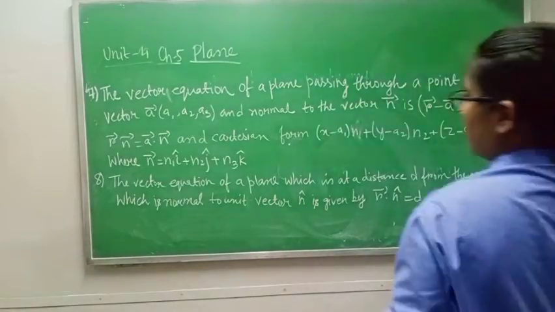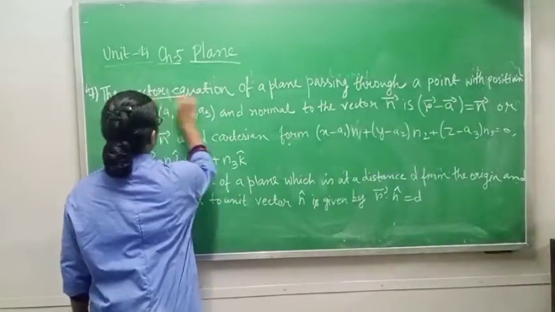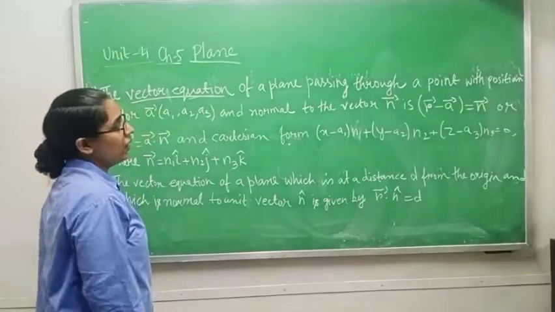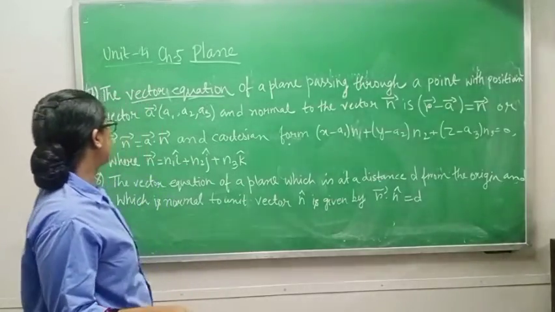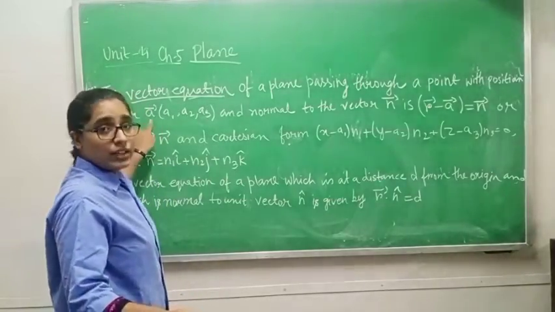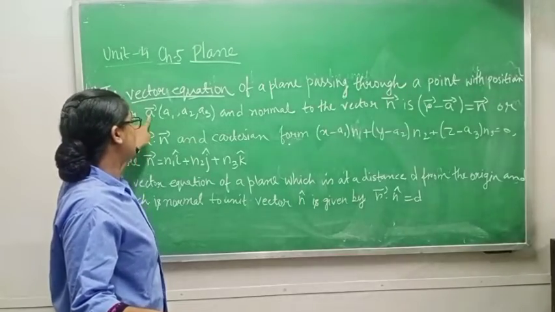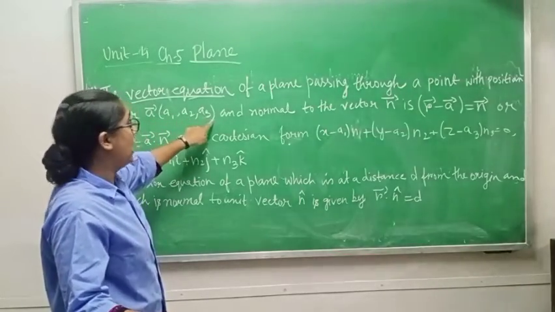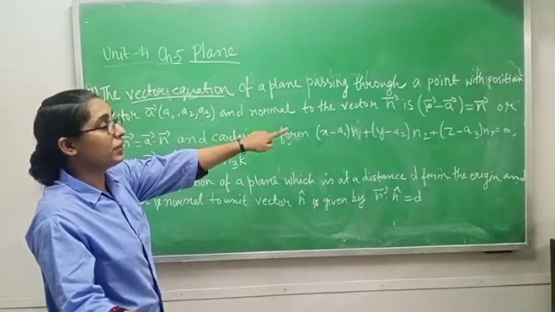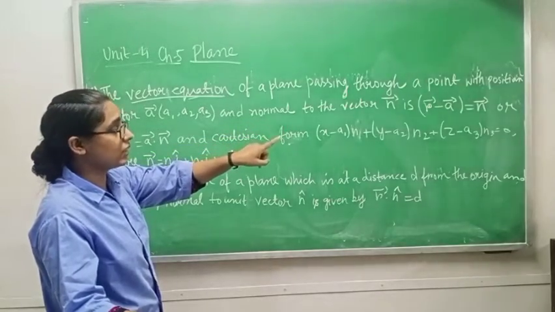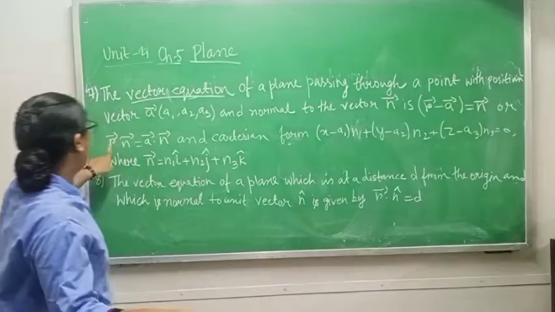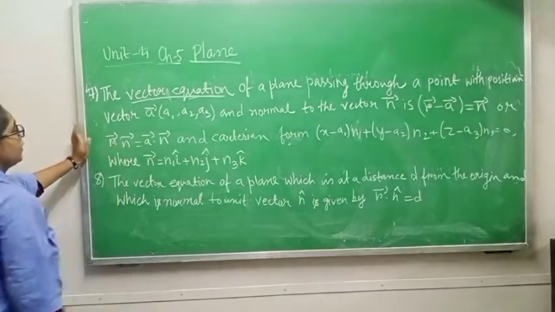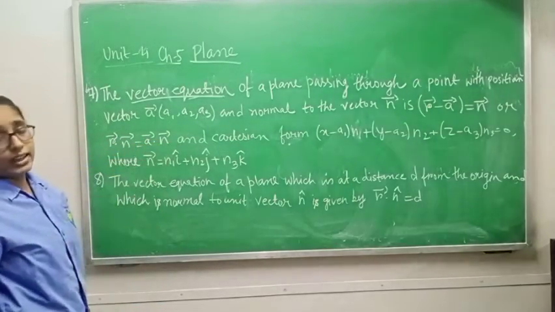Now the seventh point is the vector equation. Which equation? The vector equation of a plane passing through a point with position vector a vector, that is a1, a2, a3, and normal to the vector n vector, is r vector minus a vector dot n vector equals 0, or r vector dot n vector equals a vector dot n vector.